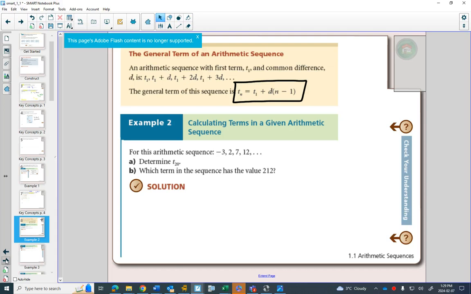For any sequence, if you start off with term 1 and then add d, n minus 1 times, you will always find term n. And this is your first formula on your formula sheet.